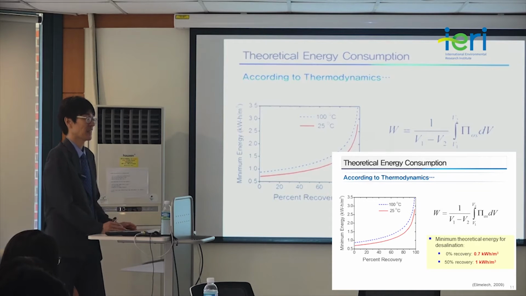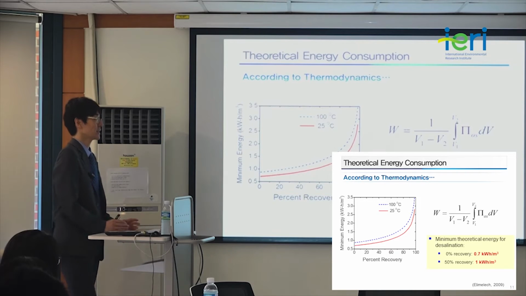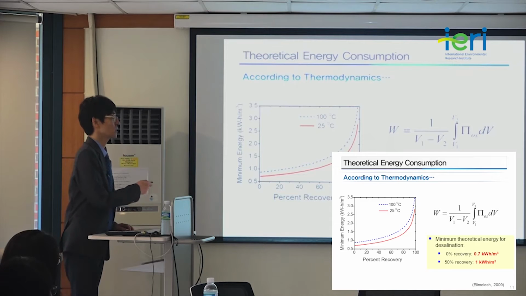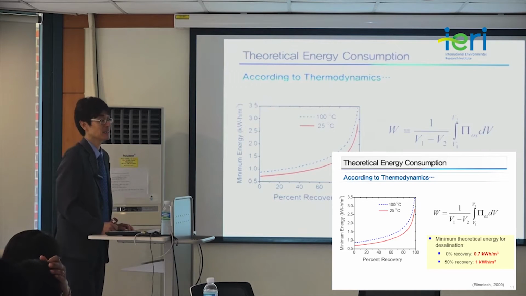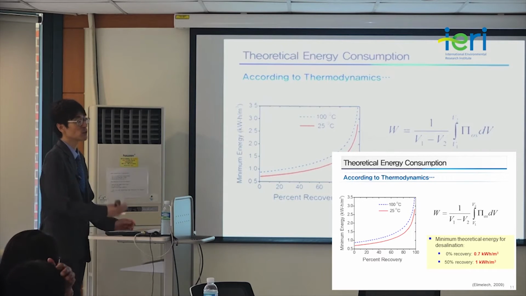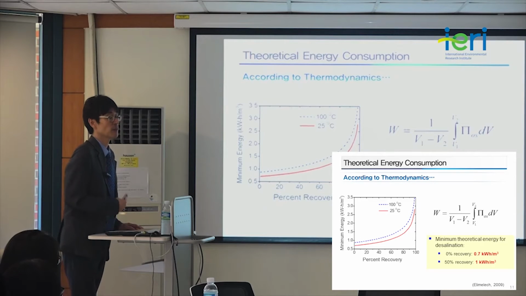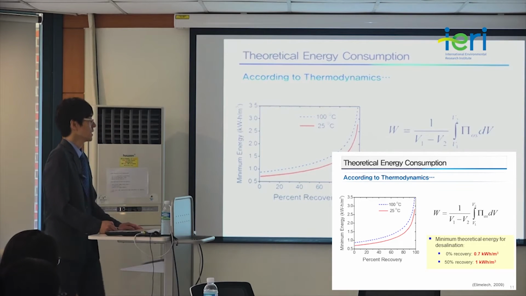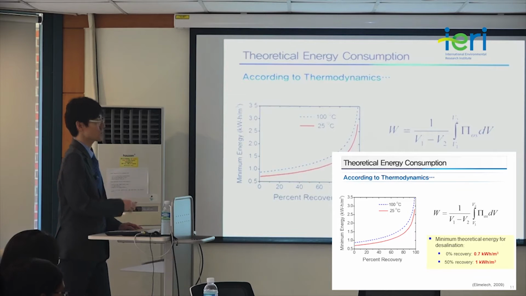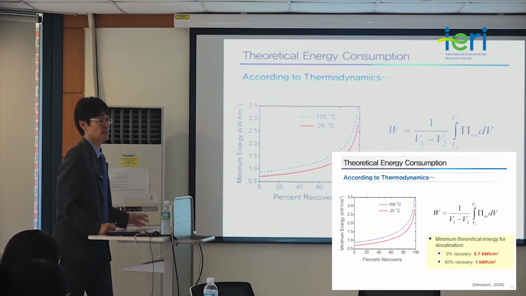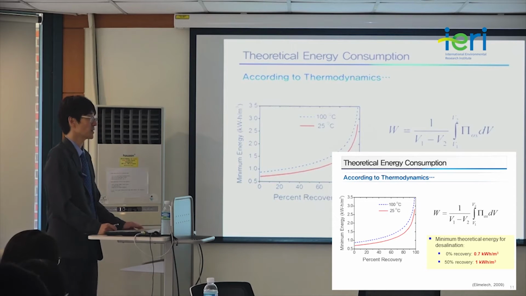So this is a very narrow region, and in such cases, although this osmotic pressure is affected, in fact, the salt concentration effect is much more important. So in general, temperature effect is not seriously considered when we consider the osmotic pressure of the seawater.